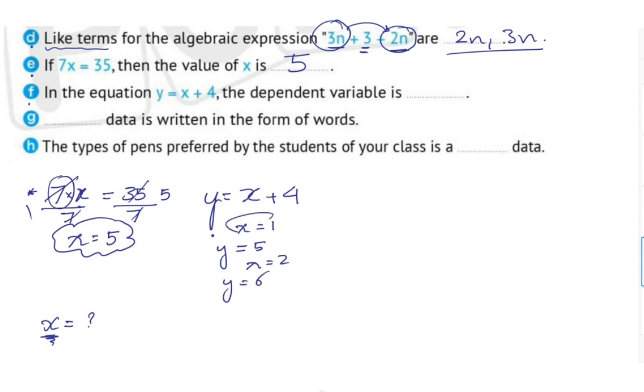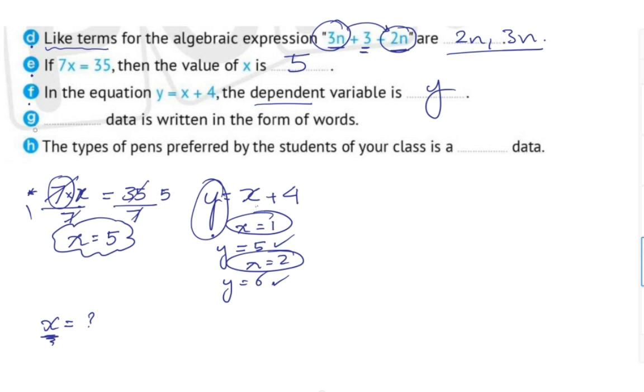Every time you change the value of x, I will get another value of y. So y depends on the value of x. So the dependent variable is y, and if he asks us about the independent, it is x.